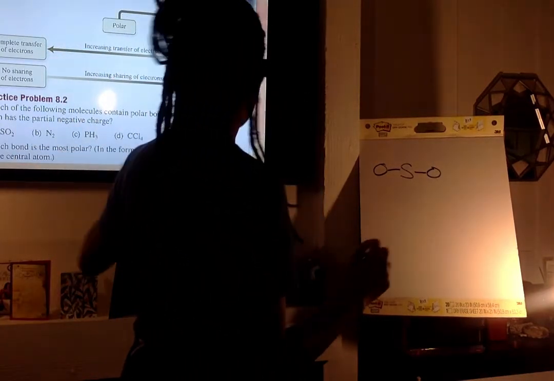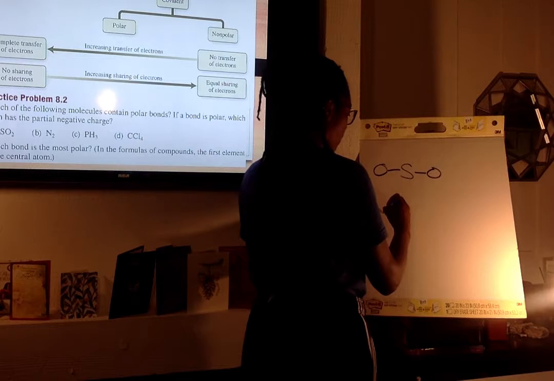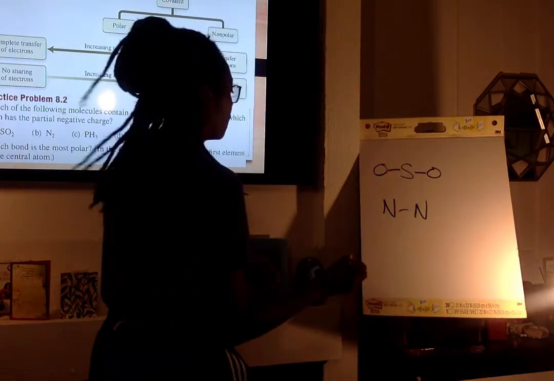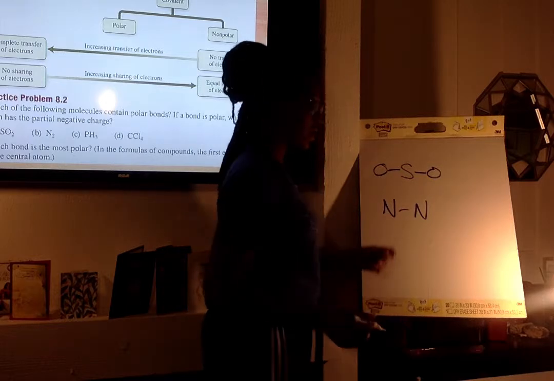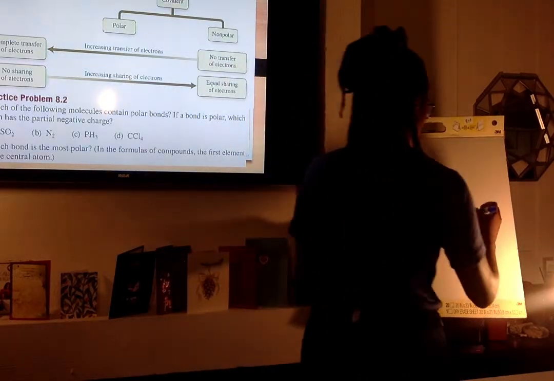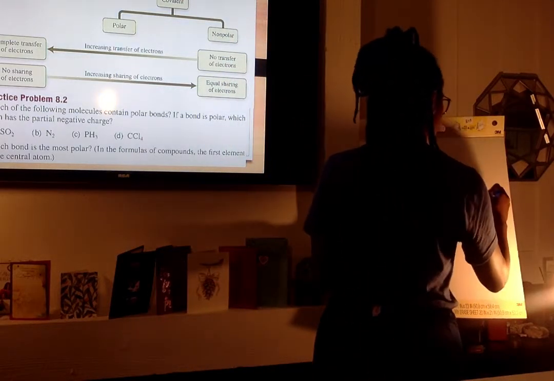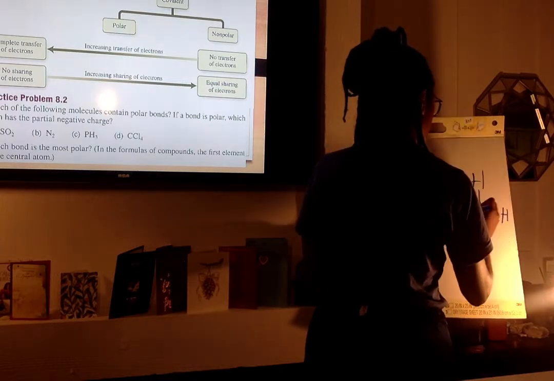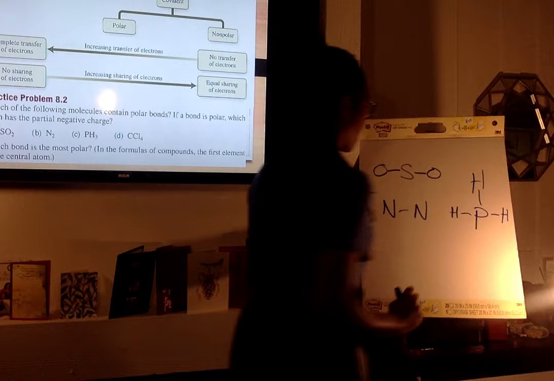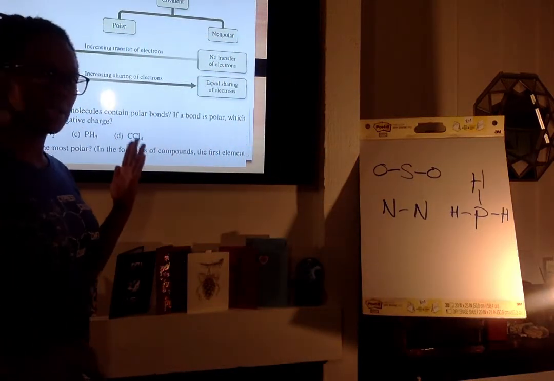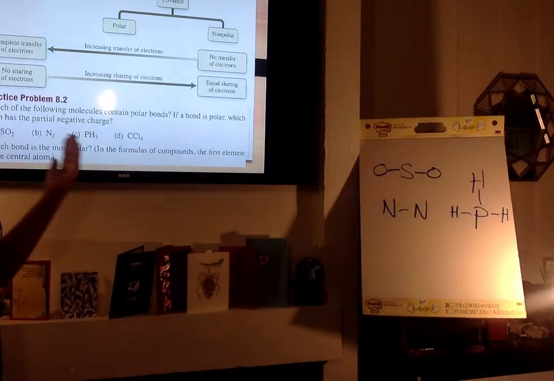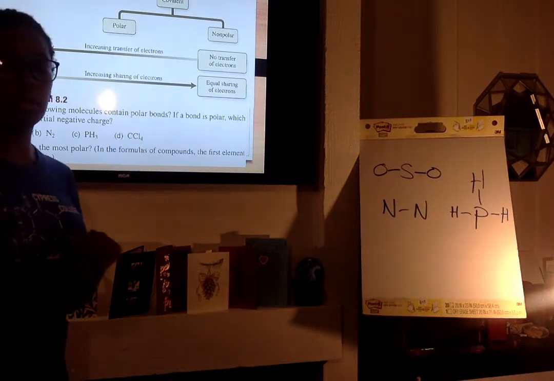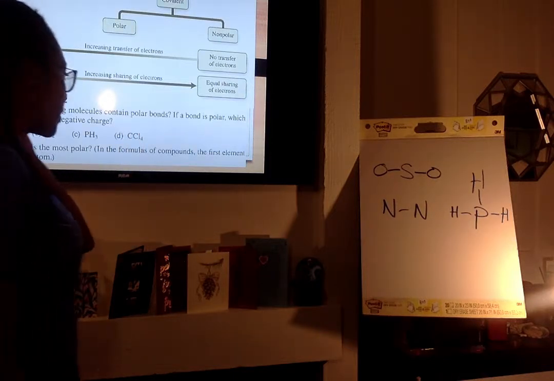The next one is N2, so that's saying that you have N connected with N. And then you have PH3, so you're going to have the P in the center and 3 H's surrounding it, because the P is first. And then the last one, out of the carbon and the chlorine, which is going to be first? The carbon.